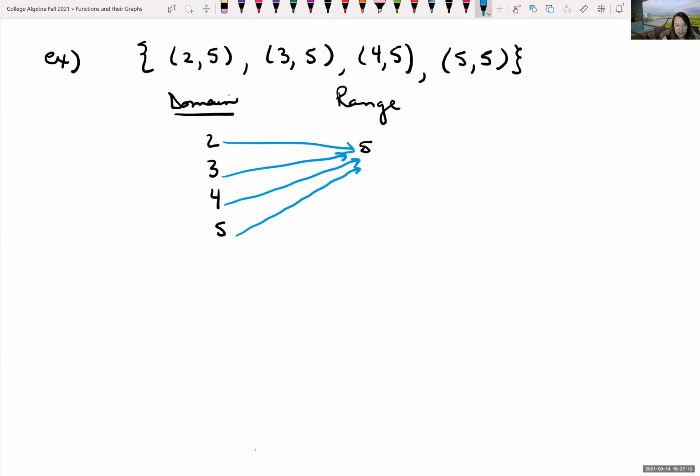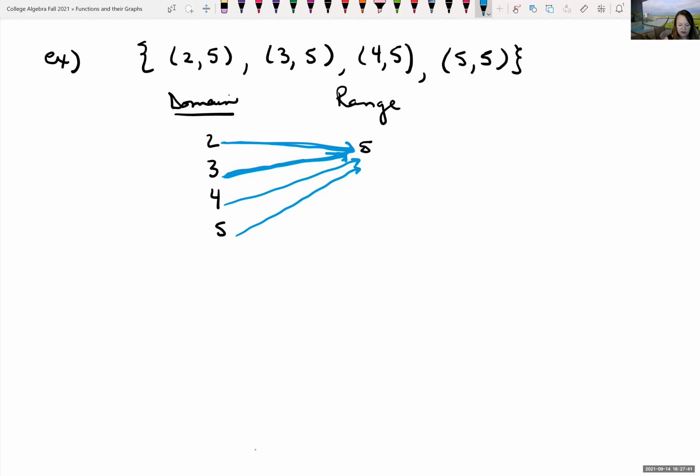So by the definition, to be a function, every input corresponds to one output. So think to yourself, 2, how many values of y does that go to? Well, 2 only goes to one value of y, 5. Okay, so that's okay. 3, how many values of y does that go to? It only goes to one y value.